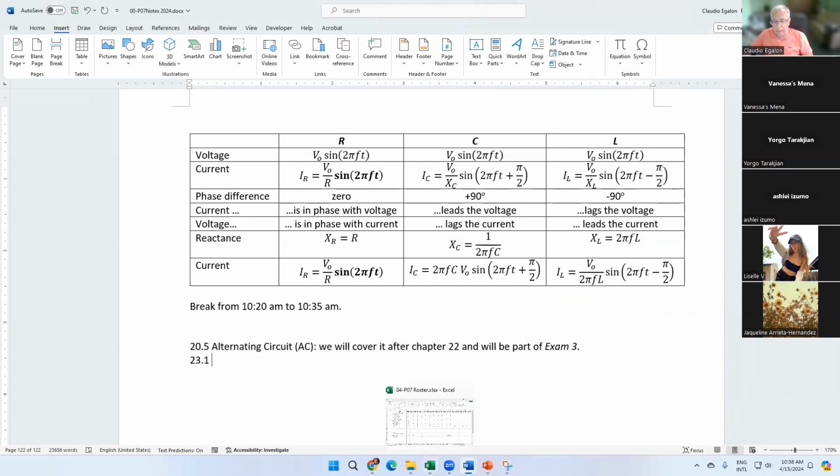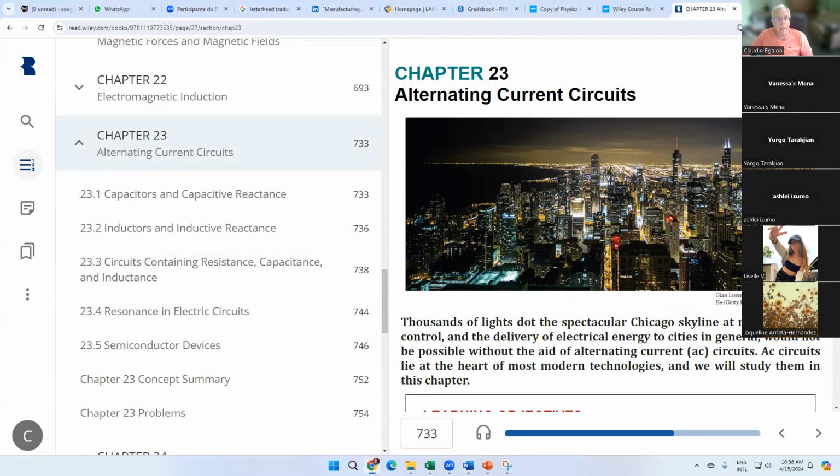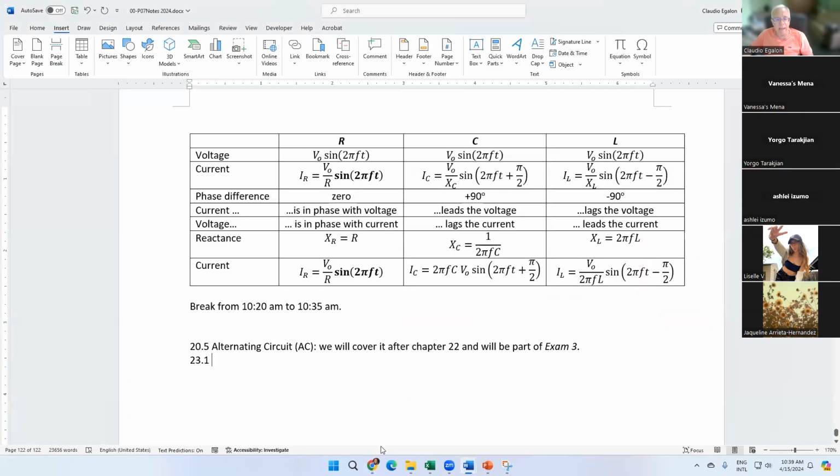23.1, capacitors and capacitive reactance. Okay, and what we have here, AC circuits. Then we have 23.2, inductors and inductive reactance.